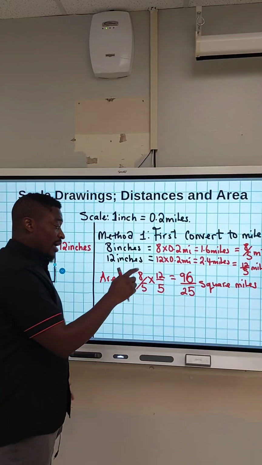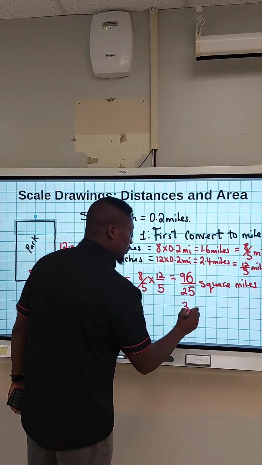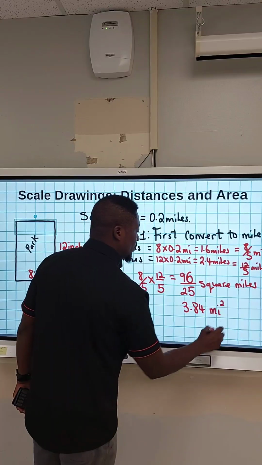All right, and if you were to write that as a decimal, that will be 3.84 square miles.